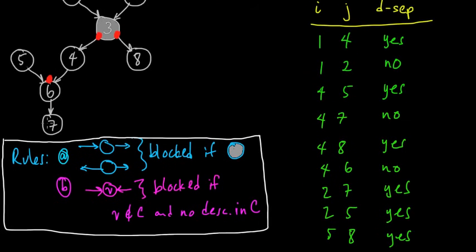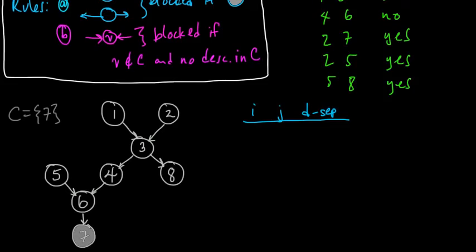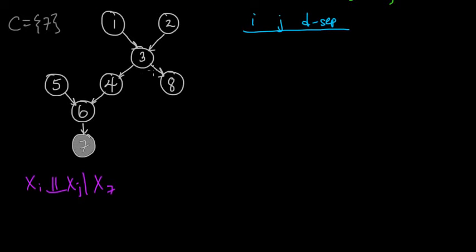And we also put a stop sign if it was a head-to-head place and the vertex was not being conditioned on and none of its descendants were being conditioned on. So let's see, where are the head-to-heads? So here's a head-to-head. And it's not being conditioned on at 3, but 3 has a descendant, right? 7 is a descendant of 3. And it is being conditioned on, so we can't put a stop sign there.